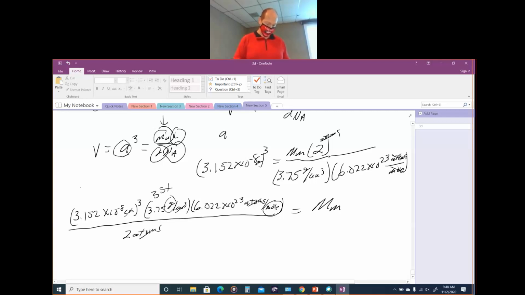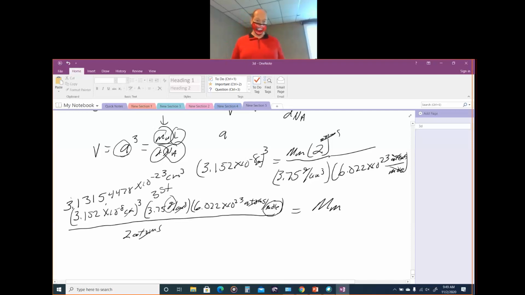3.152 times 10 to the negative 8 raised to the third. All right, and so this number is 3.13154478 times 10 to the minus 23rd centimeters cubed.